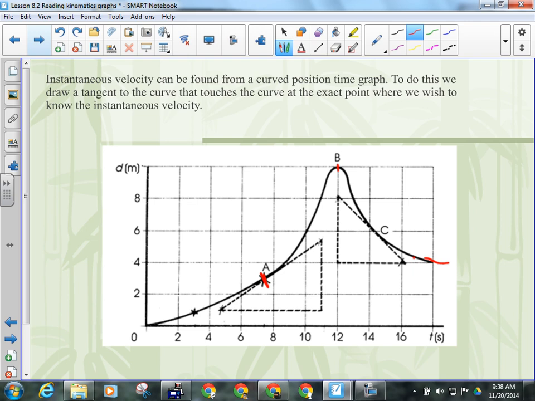Essentially all that does is make that piece of the line longer, long enough for me to do a slope calculation. I'm essentially drawing a line that's parallel to the curve at that point. In other words, it would have the same slope the curve has at that tiny little point. Okay, everybody with me there?